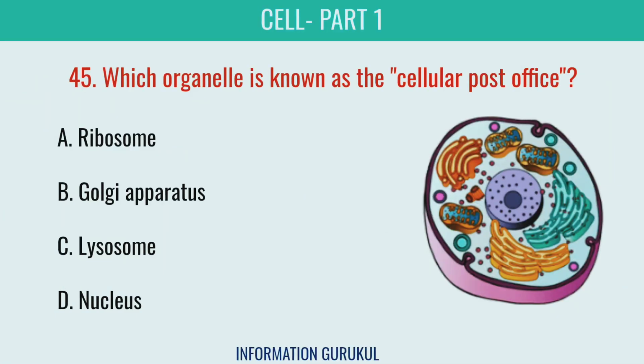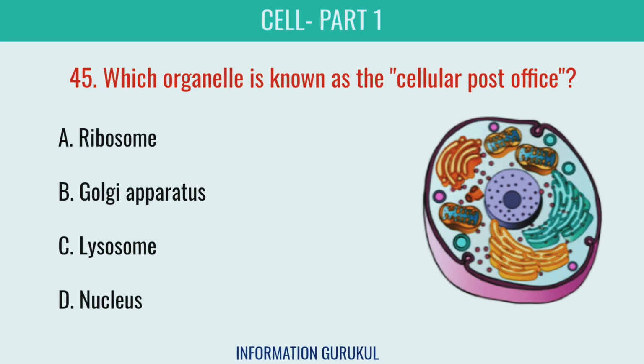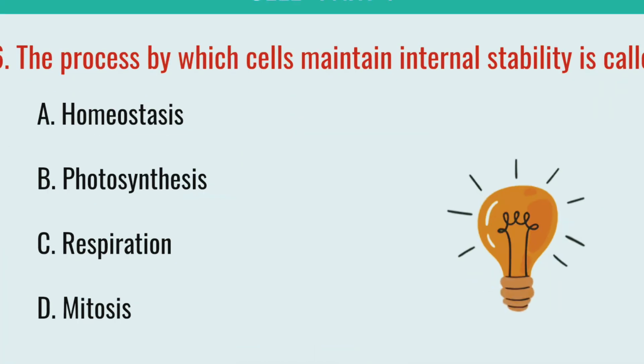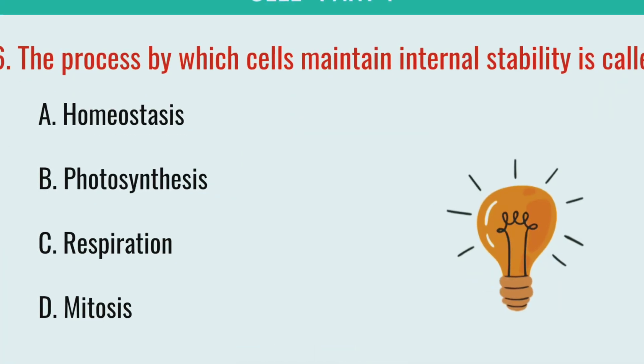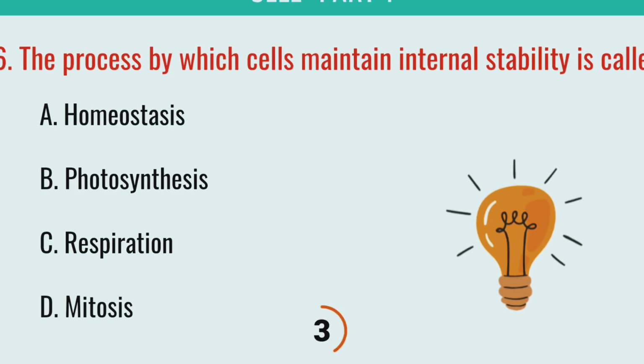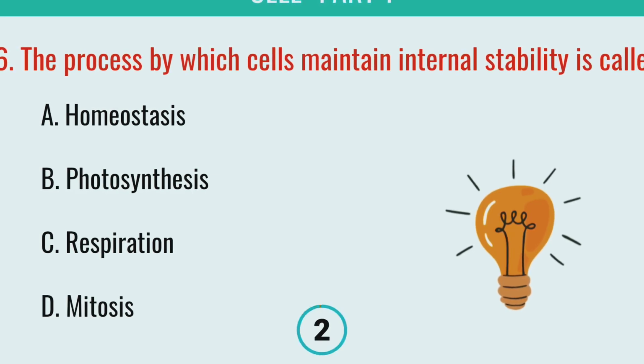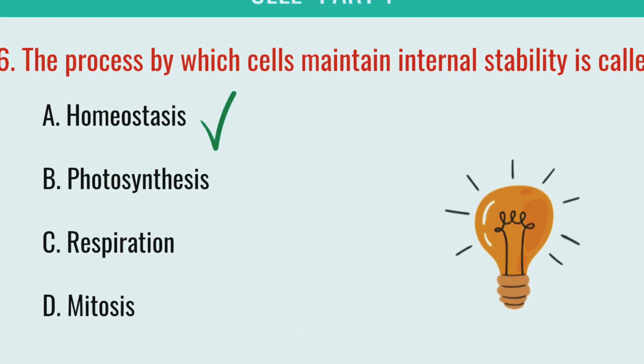Which organelle is known as the cellular post office? Golgi apparatus. The process by which cells maintain internal stability is called homeostasis.